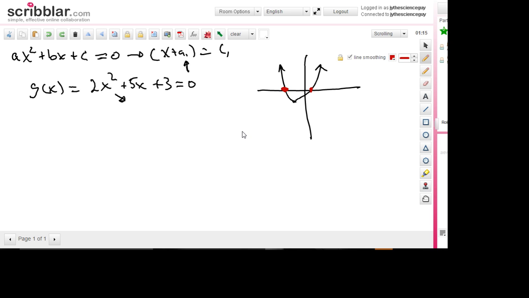So do you see how the zeros are different from the vertex? The zeros are different from the vertex. Yeah. Because my vertex, let's say, is this big blue dot right there. And the zeros are the red dots. So those two things are two different sets of points. Do you get that part?